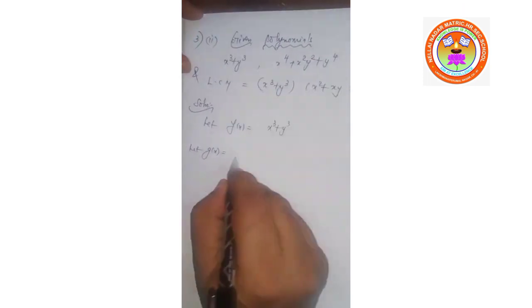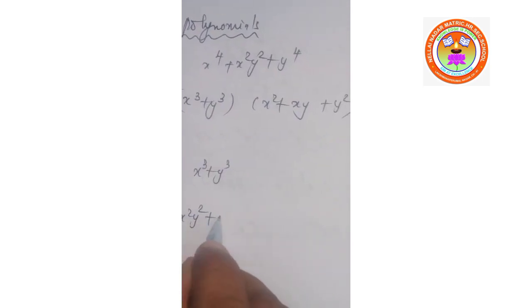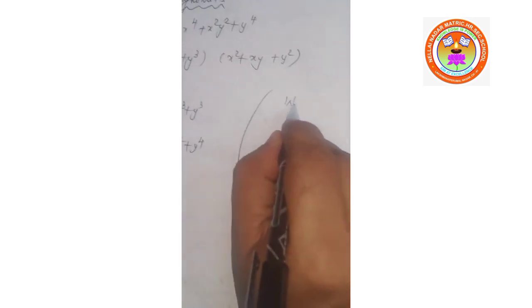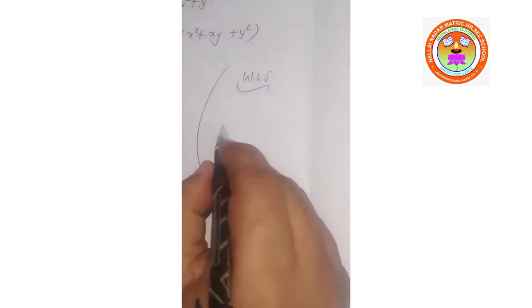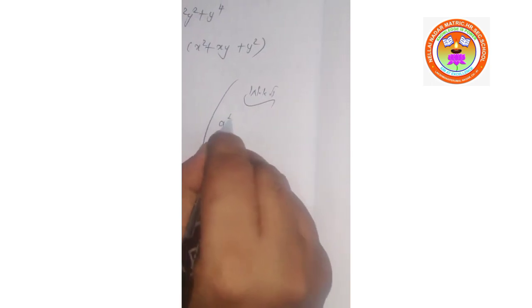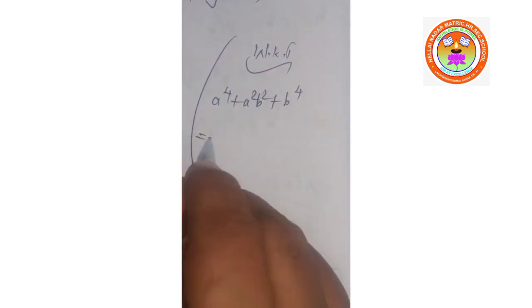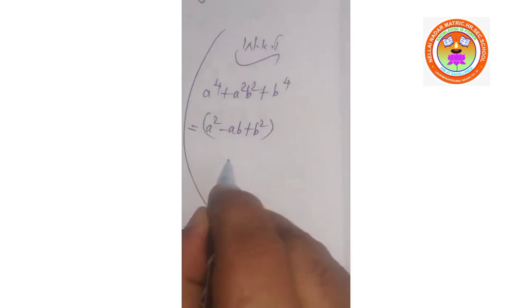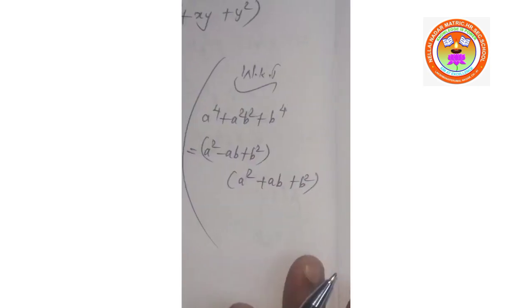Now, let g of x equal x power 4 plus x squared y squared plus y power 4. I have given the identity already. The identity for a power 4 plus a squared b squared plus b power 4 is a squared minus ab plus b squared into a squared plus ab plus b squared.